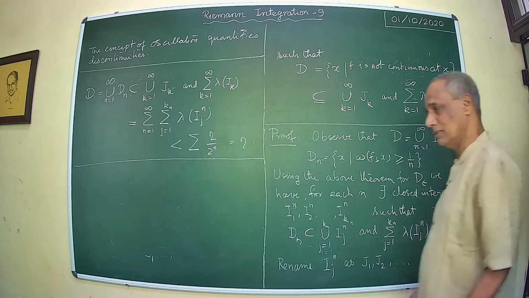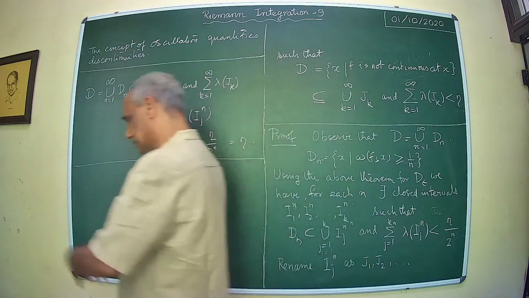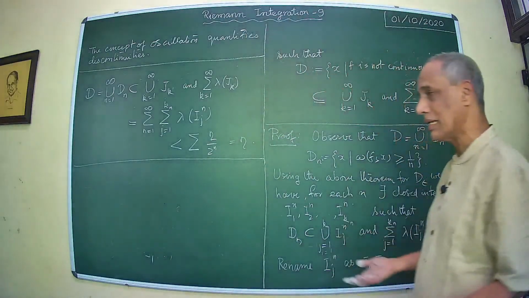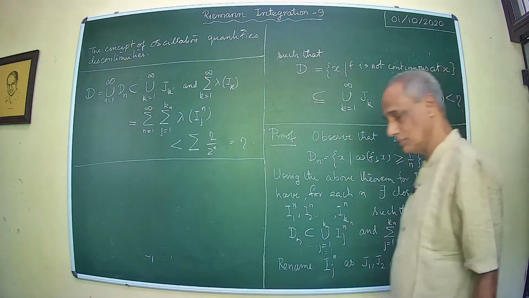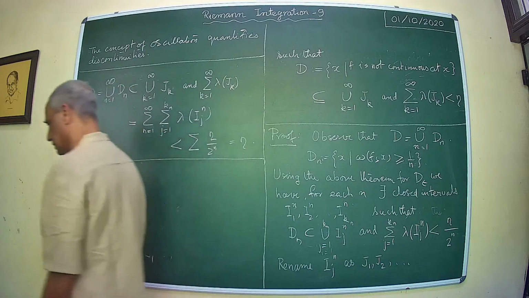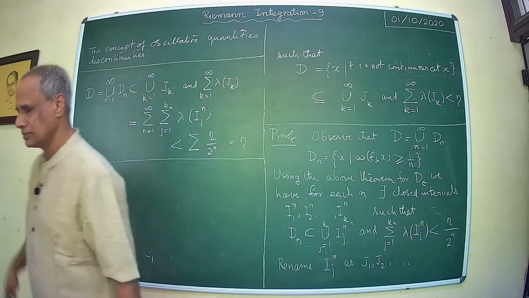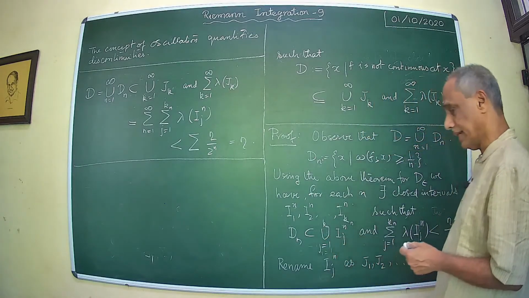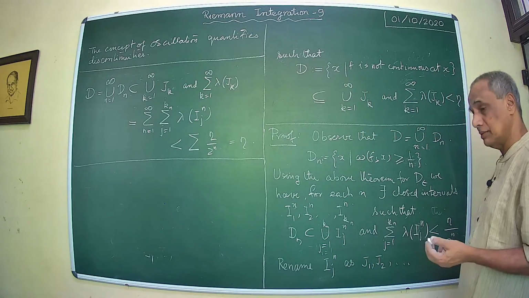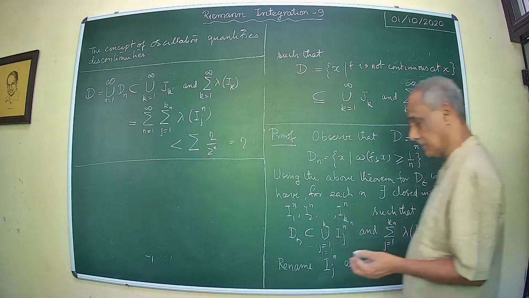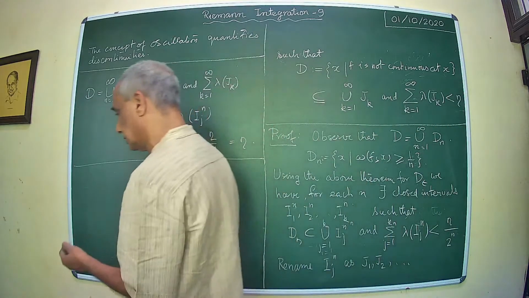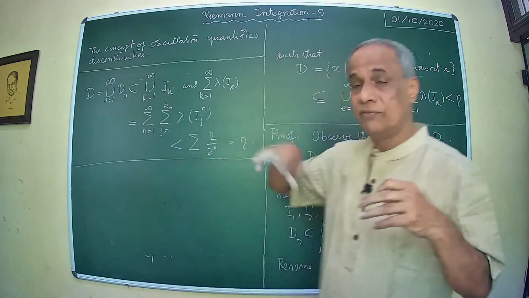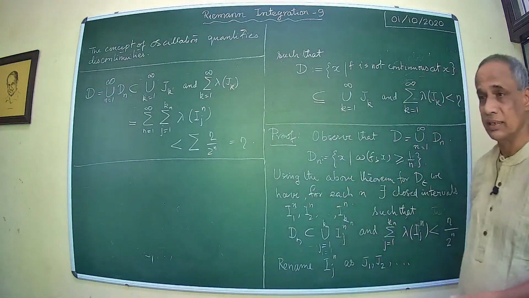Now naturally the question is, if you have discontinuities which can be packed into such a collection of sets, is the function Riemann integrable? This is the question that you would naturally like to ask. It looks like things are fine here, because for the Riemann integrable function there is a countable collection of discontinuities, and finitely many for the monotonically increasing function, and these kinds of things appear there.